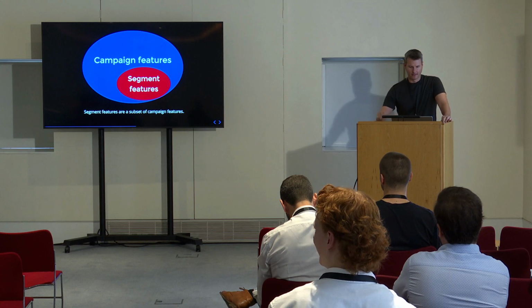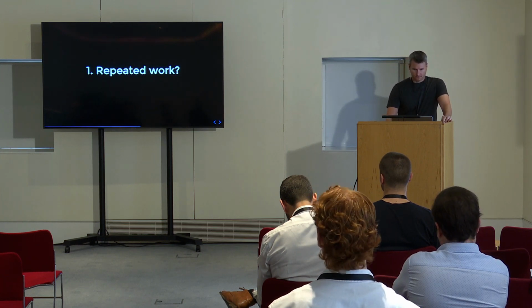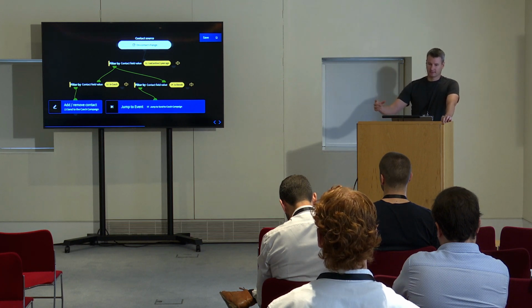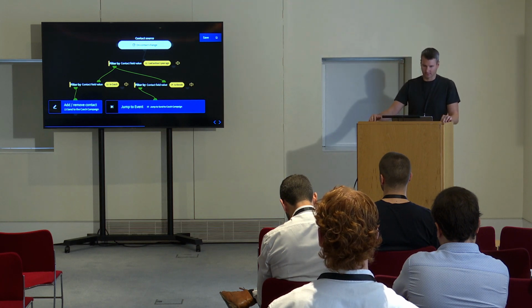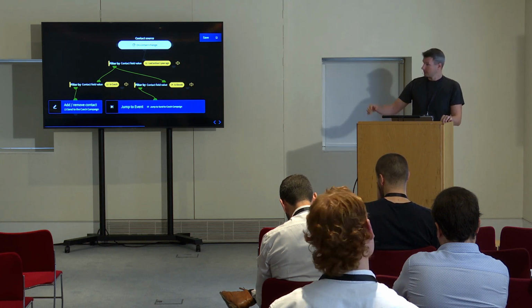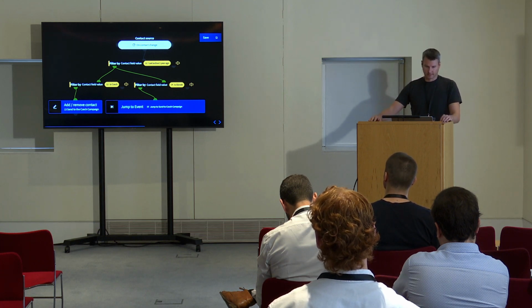All right, so the first problem, repeated work. You can build the same filtering system in a campaign, and you don't have to repeat the date last active multiple times if you are selecting multiple countries, for example. So you have your source, I will get back to that later, which might be all the contacts.